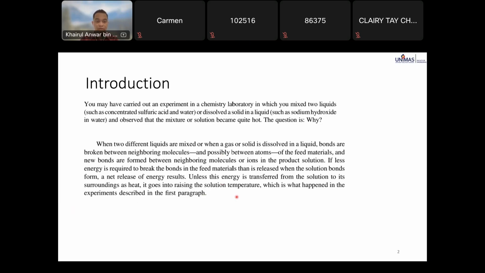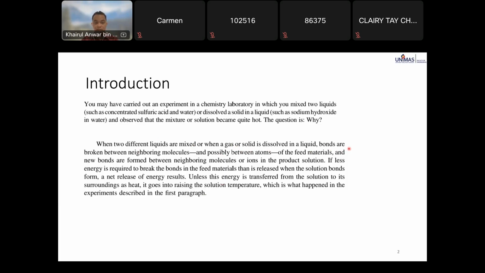So when two different liquids are mixed, or when a gas or a solid is dissolved in a liquid, bonds are broken between neighboring molecules and possibly between atoms of the feed material, and new bonds are formed between neighboring molecules or ions in the product solution.